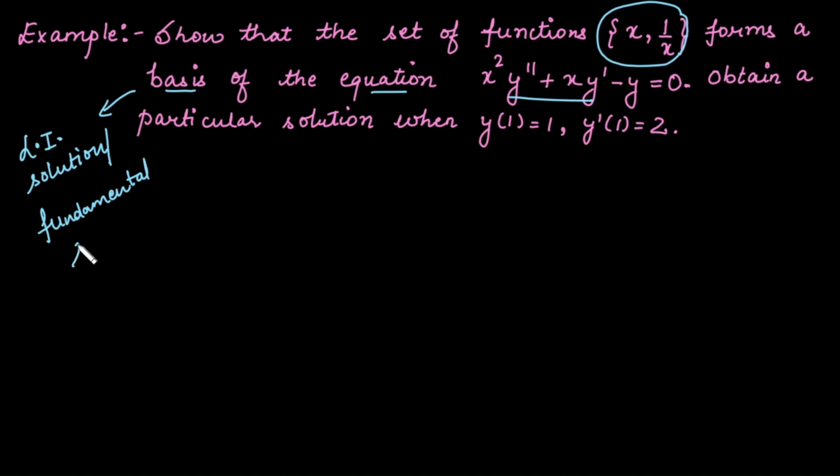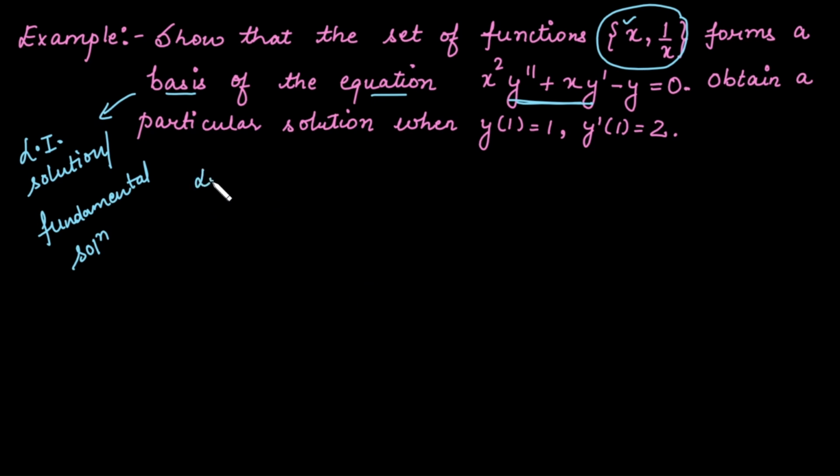So we need to show that these two functions, x and 1 by x, are solutions of this differential equation. Let's observe that. Let y1(x) is equal to x and y2(x) is equal to 1 by x. If they are solutions of this differential equation, it means they will satisfy it.